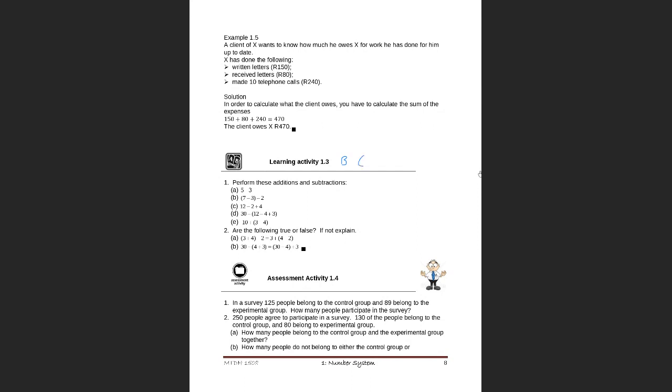You do the brackets first, that is B. Then you do the order, that is power. After that, you do the division. Then you do the multiplication. Then you do the addition. Then you do the subtraction.